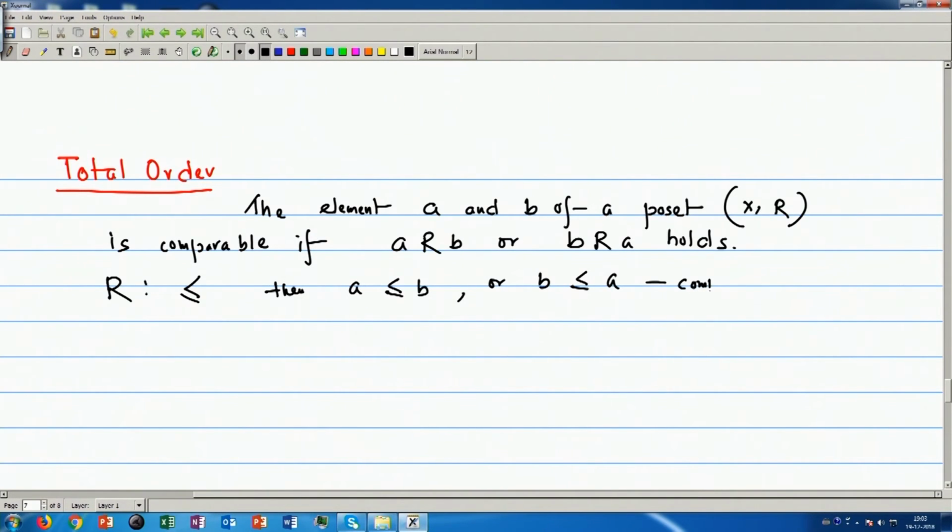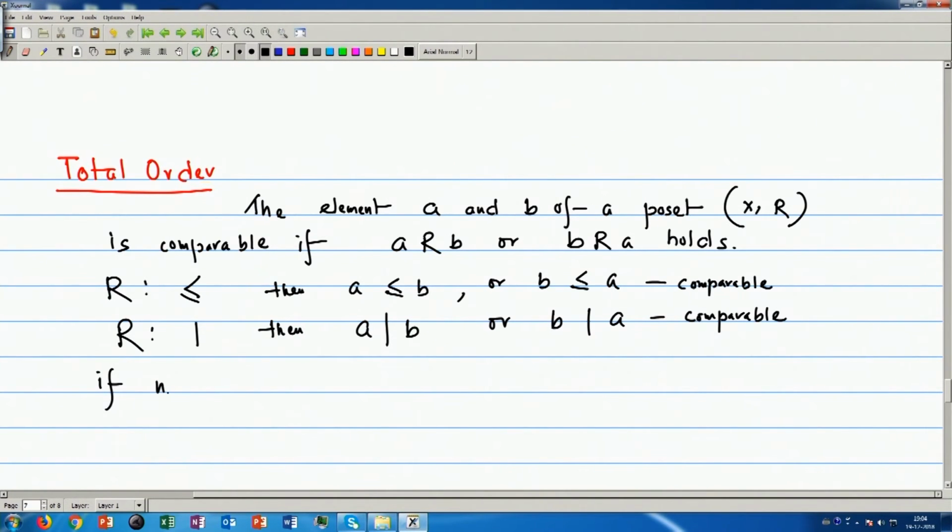But say if I consider the relation as a divisibility property, then A divides B or B divides A, that is comparable, but it may not be true for all sets.